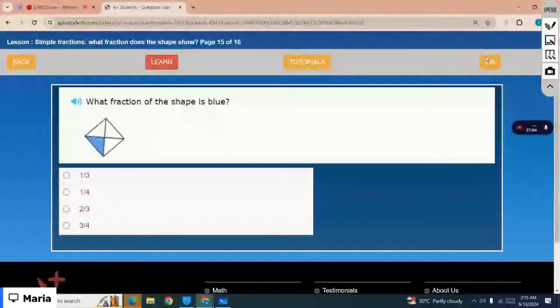What fraction of the shape is blue? Which is the correct option? That is 1 out of 4, right?